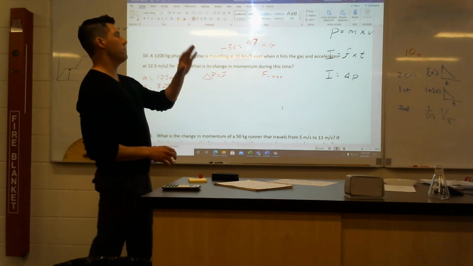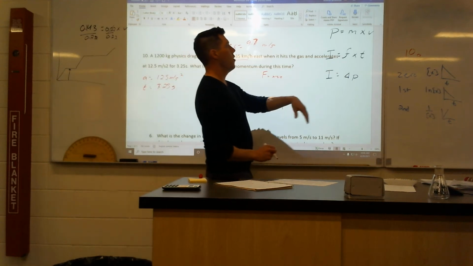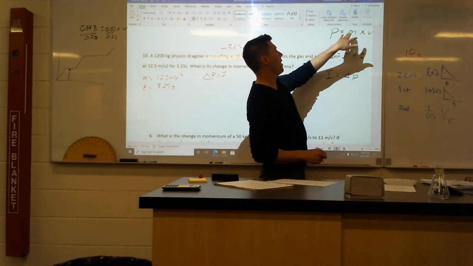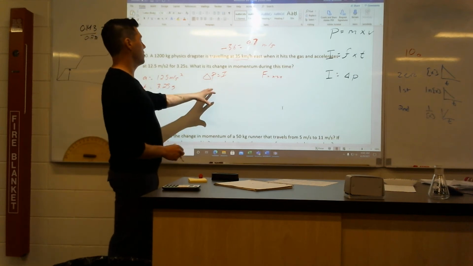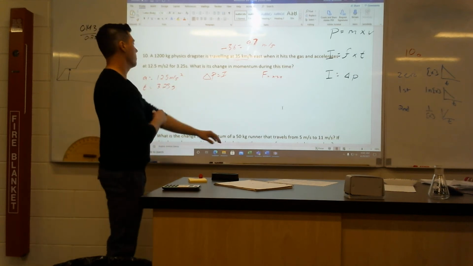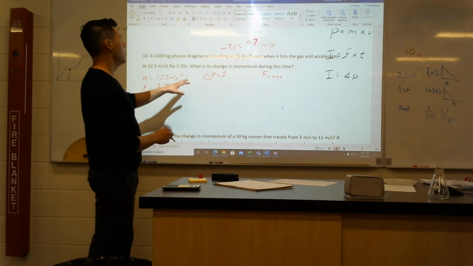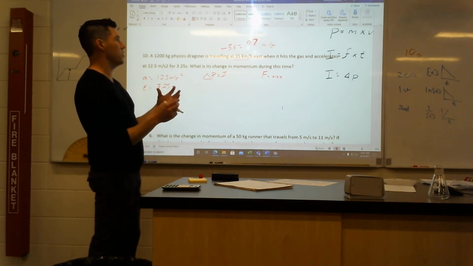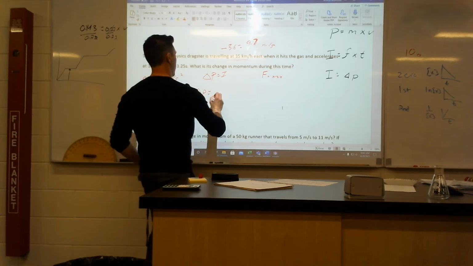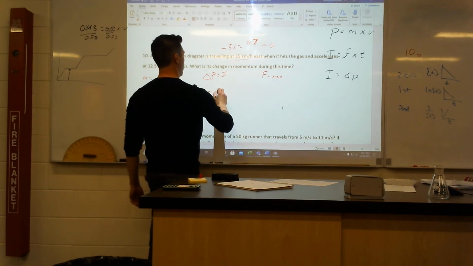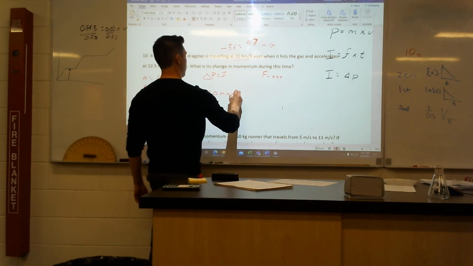But let's go with my surefire one right now, which is what's my velocity change. So let's go through our change of momentum. If I want to find my change in momentum, it's going to be equal to the mass times the change of velocity.